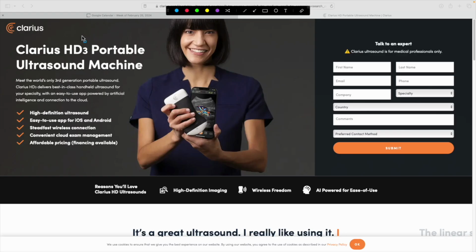One of the first areas that comes to our attention is the headline, Claris HD3 portable ultrasound machine. That is a statement of fact. It doesn't speak to our particular target persona, this medical professional. Instead, it's a statement of the device that you're selling.